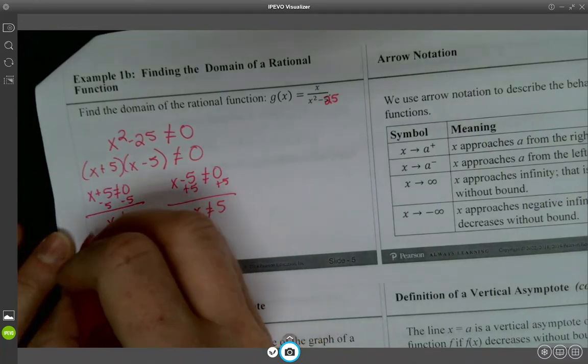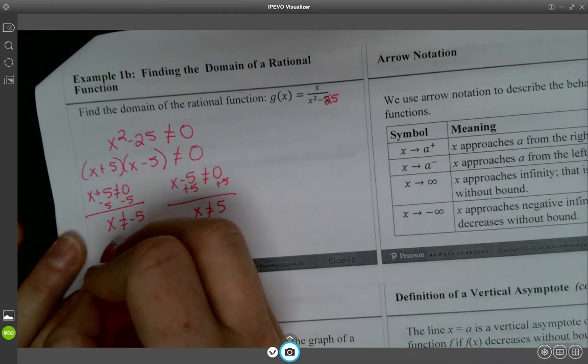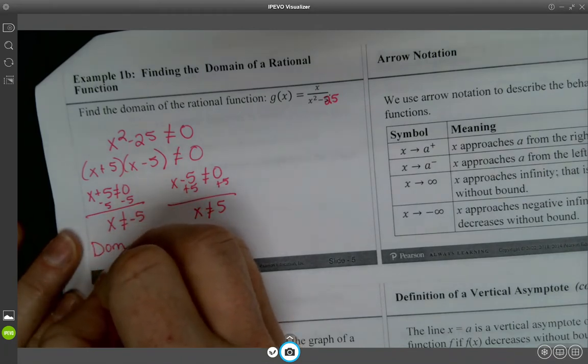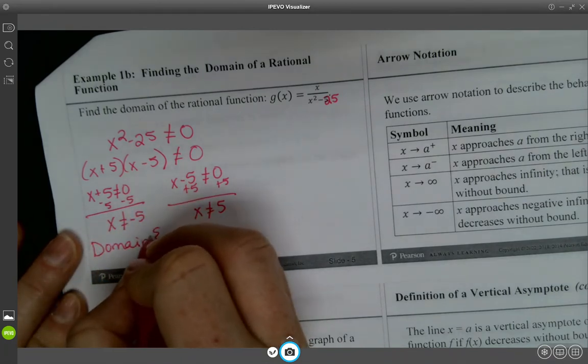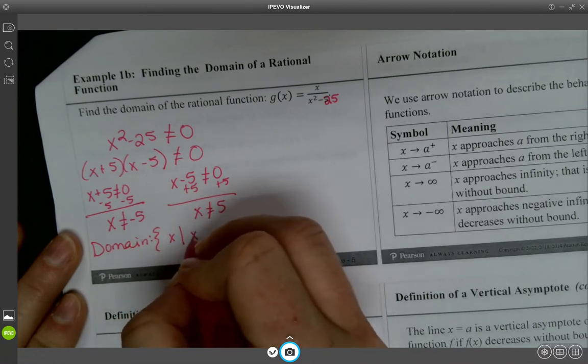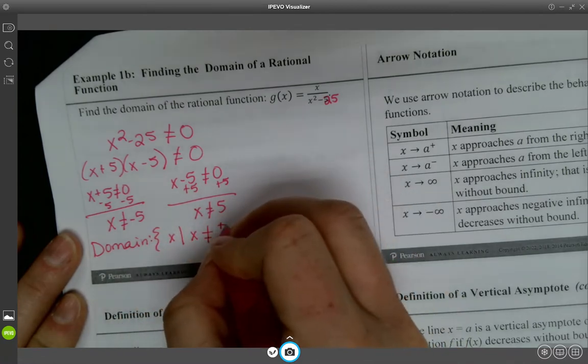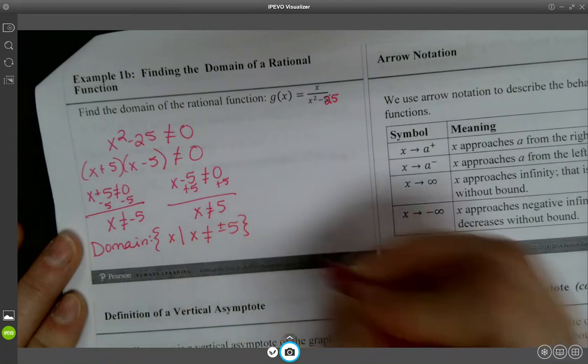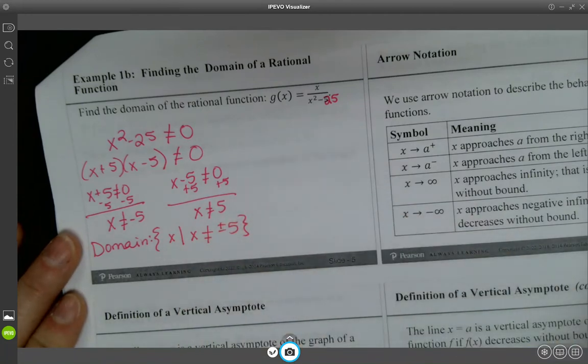So two different ways of writing this would be, domain: x such that x does not equal plus or minus 5. You could use that notation.